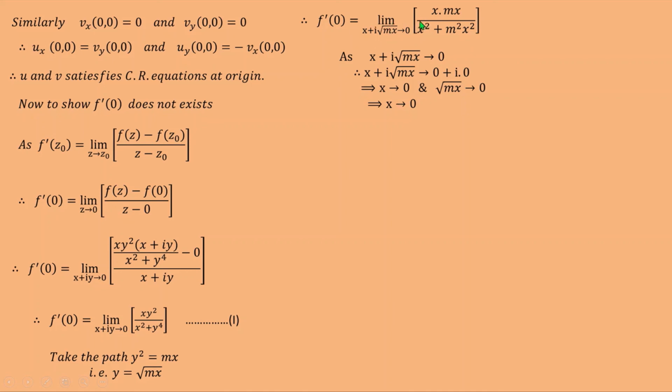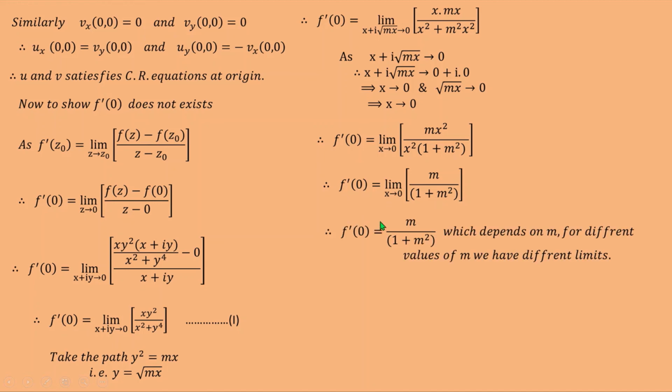So put this in this limit, and we get f dash 0 is equal to limit x tends to 0 of m into x square upon, taking out x square as common, 1 plus m square. Here x square gets cancelled. So f dash 0 is equal to limit x tends to 0 of m upon 1 plus m square. Now evaluating this limit, finally we get f dash 0 is equal to m upon 1 plus m square. Now we observe that this value depends on m.